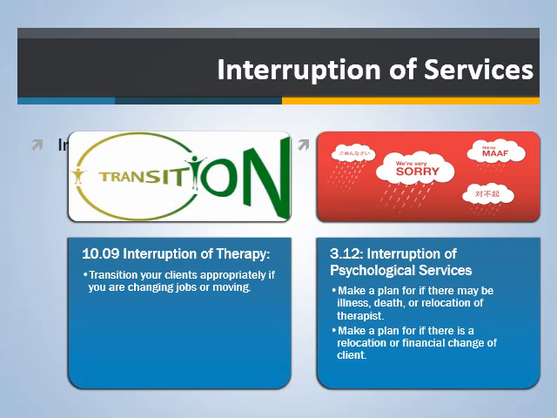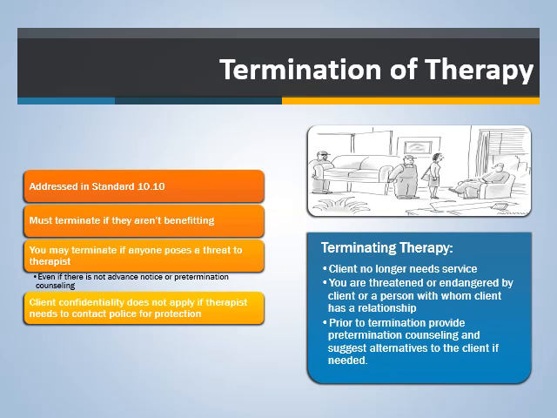Talk about the ethics code a little bit more. It is important to make reasonable efforts to plan for facilitating transfer of services in the event that something interrupts it, like illness, death, or anything like that. Termination of therapy.